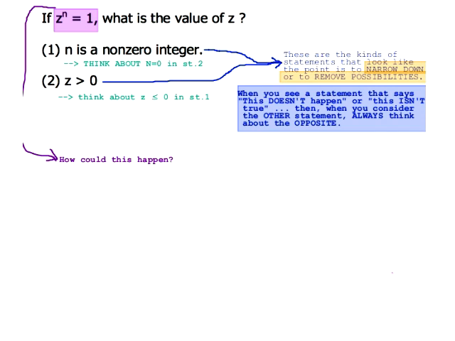How could this happen? So again, with non-zero integers, that means you should also think about 0, right? So then, okay. You could have things like 2 to the 0 equal to 1. So you could have possibility number 1.